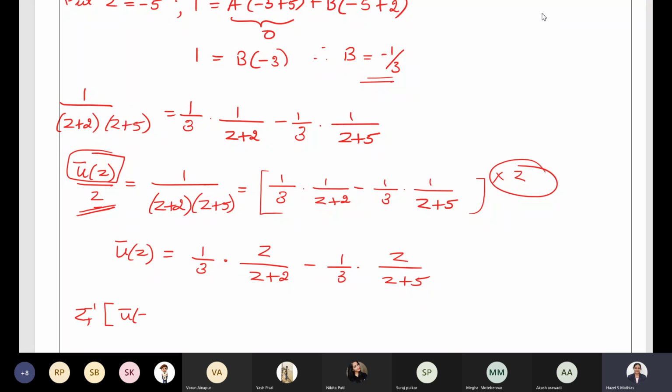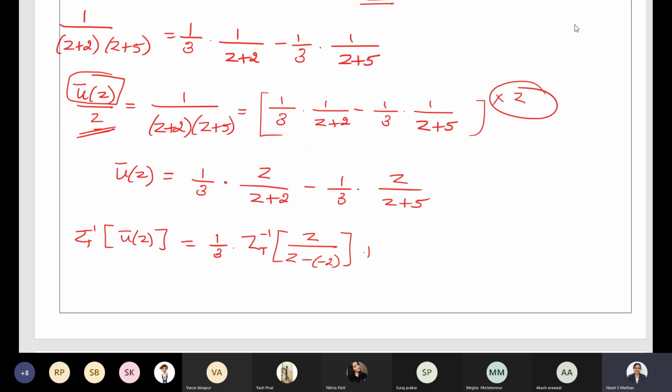Inverse Z transform of U bar of Z is equal to 1 by 3 into inverse Z transform of Z by Z minus of minus 2. Sorry, next we have minus 1 by 3 into inverse Z transform of Z divided by Z minus of minus 5. Why have I written Z plus 5 as Z minus of minus 5?